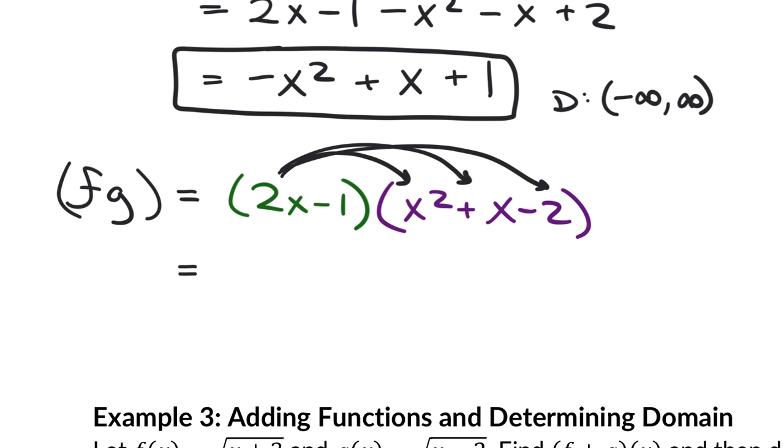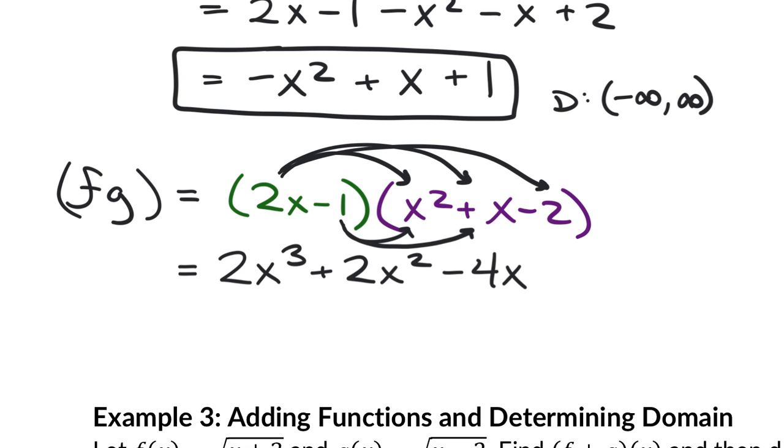My first step would be this becomes 2x cubed plus 2x squared minus 4x. Did I lose anybody? And then if I distribute the bottom, the second term, it's like an aggressive FOIL, right? Lots of foiling happening here, lots of distributing.